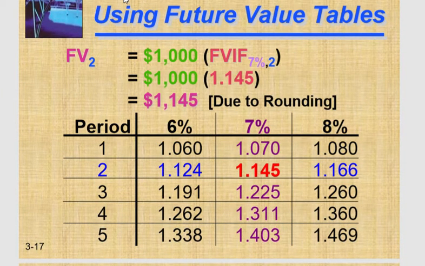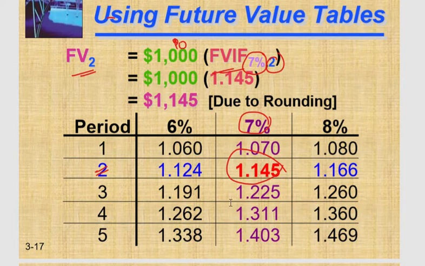Hope you understand the formula. The same formula we are applying for the purpose of calculation. FV2, future value 2. This is P0 we know, and the interest rate is 7%, 2 years. Got it? At 7% you have to see this, and the period is this. So this is the value you have to take as a factor. Simple.